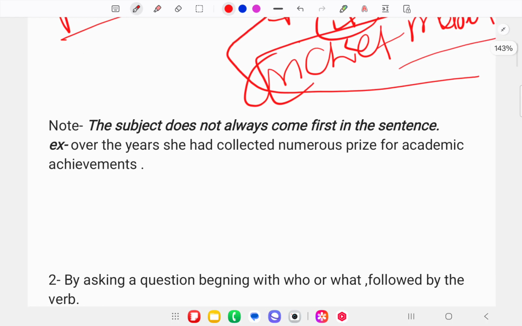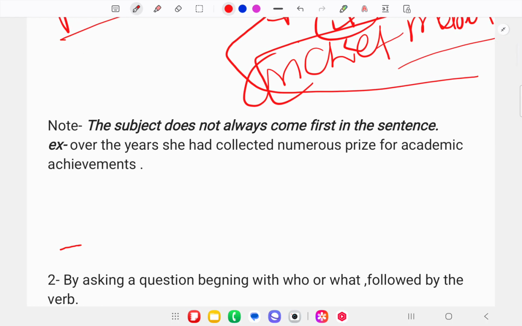Okay, next. Here we have a note that the subject does not always come first in the sentence. Generally we assume, if we don't have much knowledge about the grammatical portions of the form, that any agent that comes in the initial position of a sentence is the subject. But this is not fixed, that a subject always comes in the initial position of a sentence.